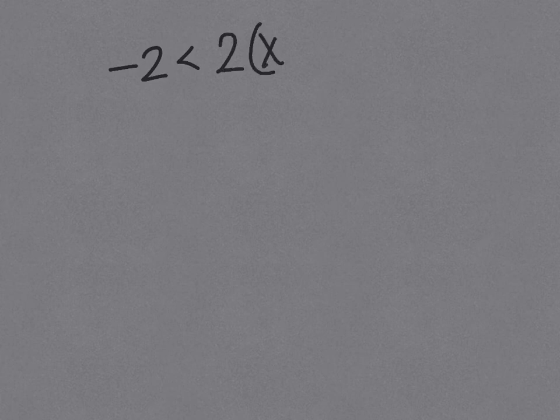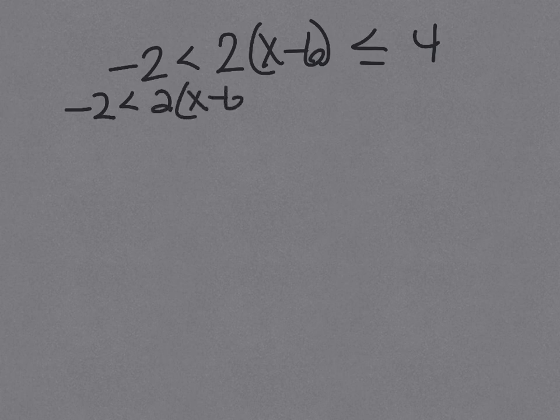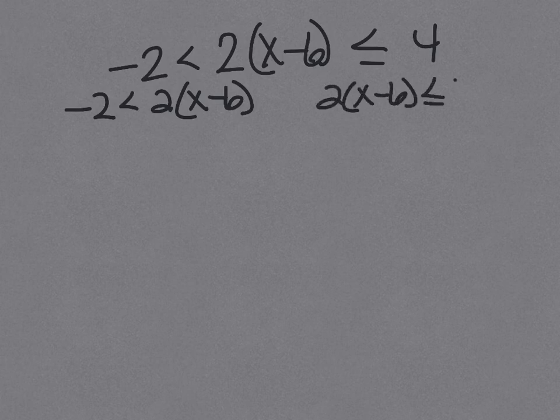Let's look at number 10. We have -2 is less than 2 times x minus 6, which is less than 4. Okay? Now, if that bugs you, if you're getting thrown off having that in there like that, you can make it 2 separate problems. -2 is less than 2 times x minus 6, and then you could say 2 times x minus 6 is less than or equal to 4.